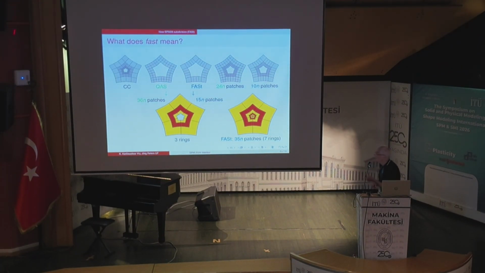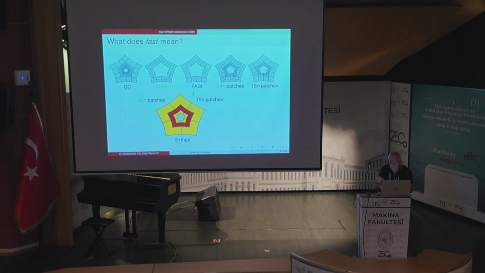In case of quadratic-attraction subdivision, we have, you see, 36 pieces per sector. Our new scheme produces more than twice fewer pieces.